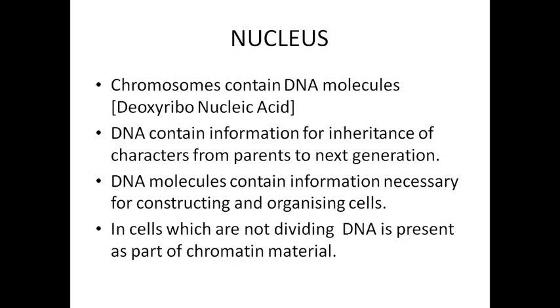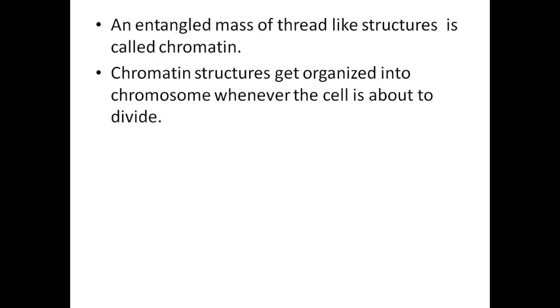Now in cells which are not dividing, the DNA is present as a part of chromatin material. When the cells become prominent and want to divide, they have to make two new cells. At that time this chromatin groups to form chromosomes in which DNA is present. When the cell doesn't divide, you must have seen an entangled mass of thread-like structures known as chromatin.